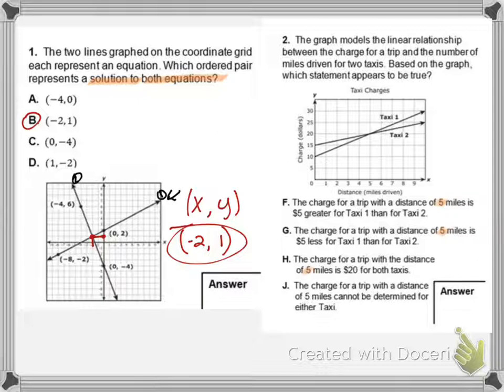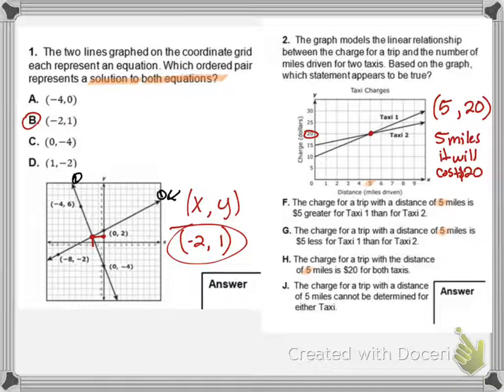So let's look at 5 miles right here. At 5 miles, we have the intersection of both of those lines, so this is a system of equations, and our solution is right there at that distance of 5 miles. At 5 miles, our y value is 20, so it will cost $20.